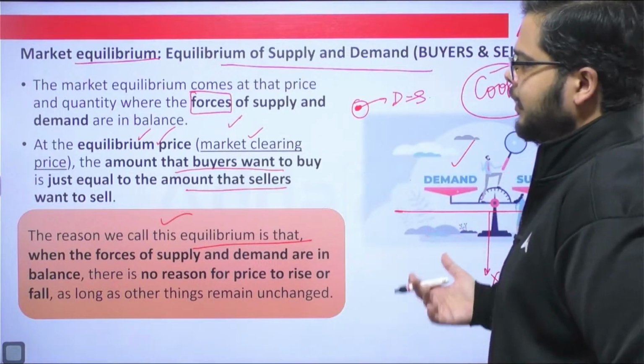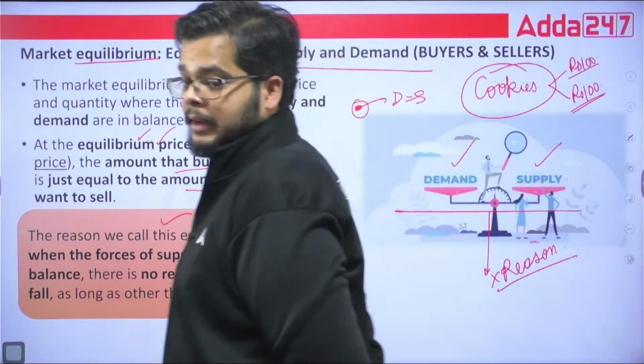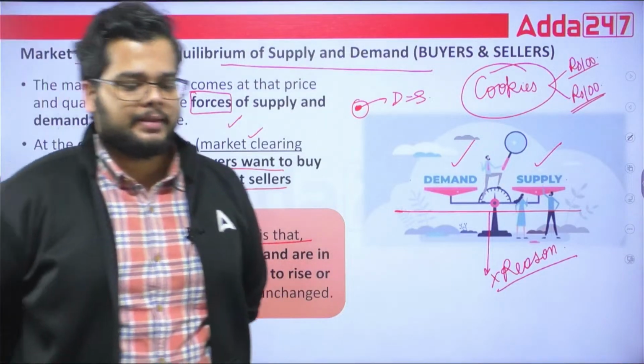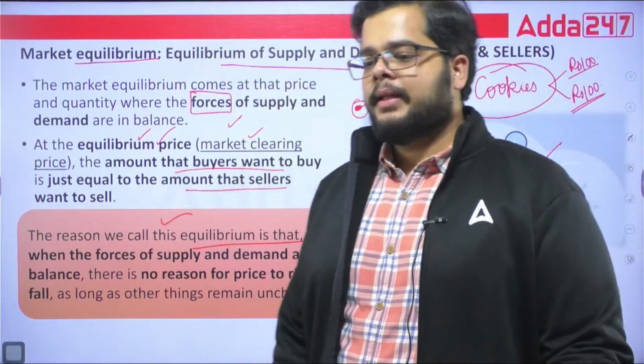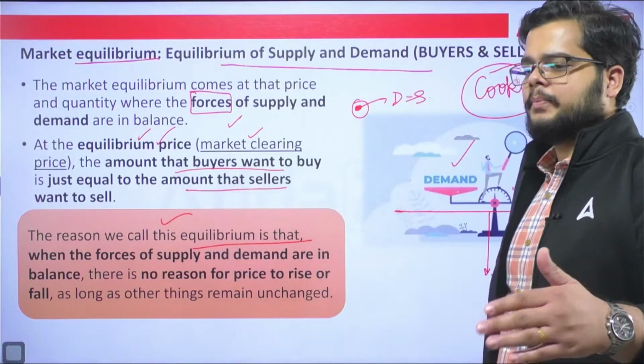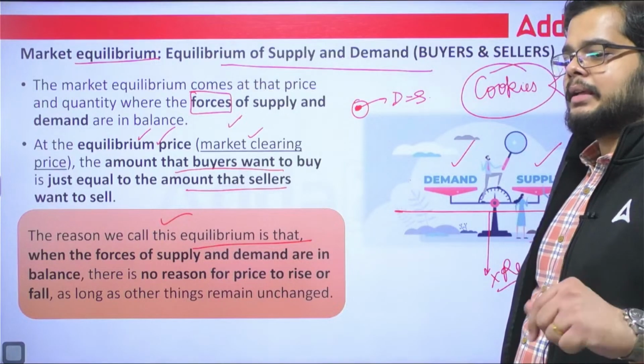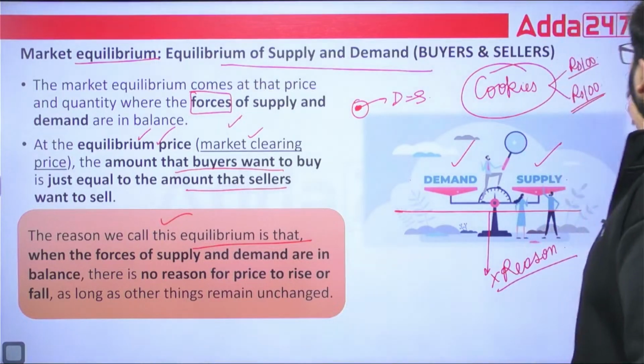But practically this is not possible. We have seen that once prices have increased or decreased or met the demand, still after some days or some months the prices will eventually increase or decrease again.